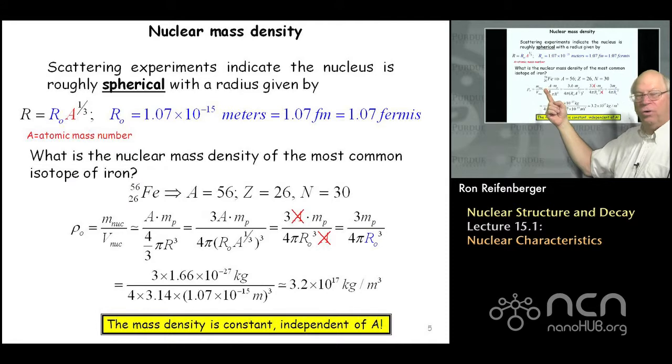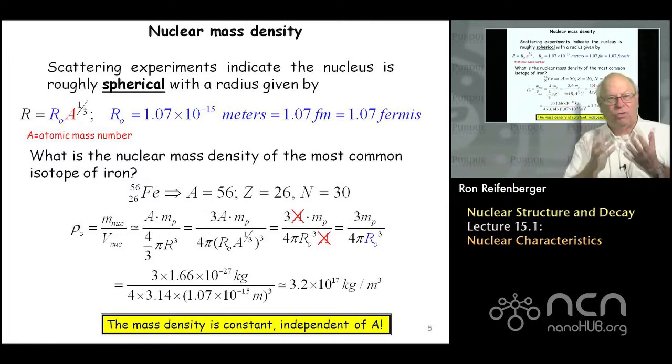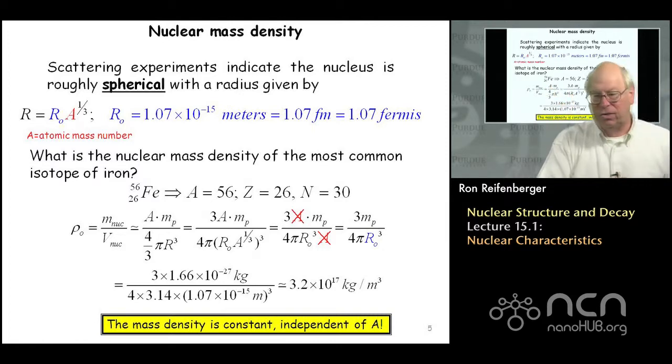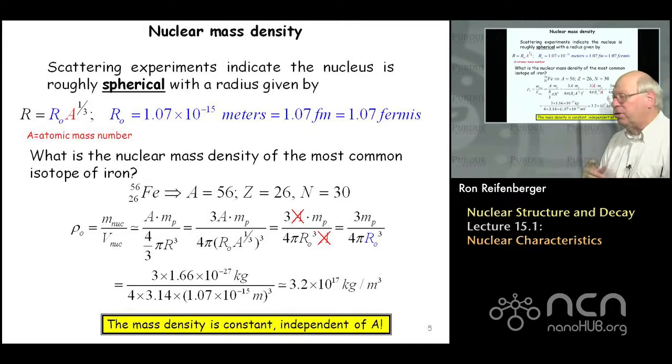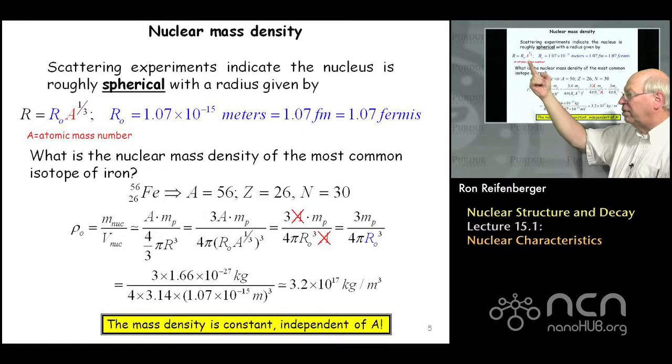The mass of the nucleus is just the number of nucleons, that's the atomic mass number A, times roughly the mass of a proton, because the mass of a proton and the mass of a neutron are essentially the same. You can write down an expression for R in terms of A very simply, and I do that in the next step.